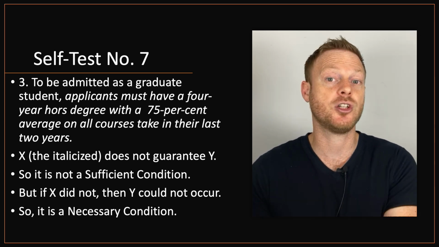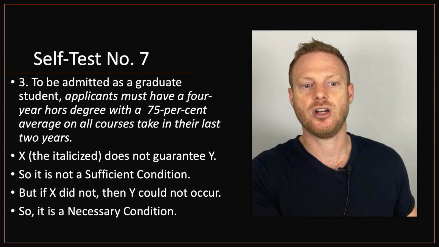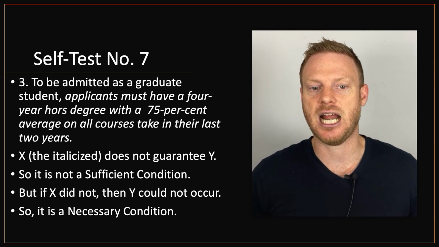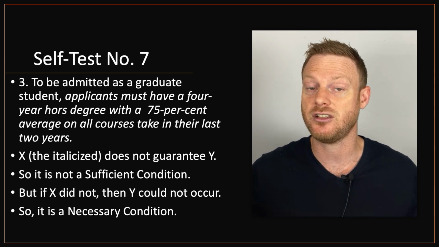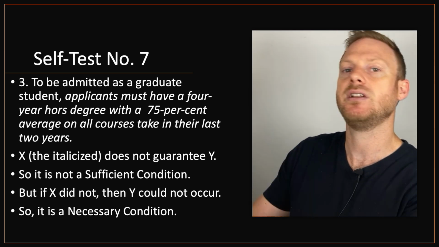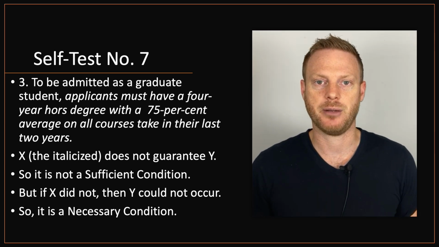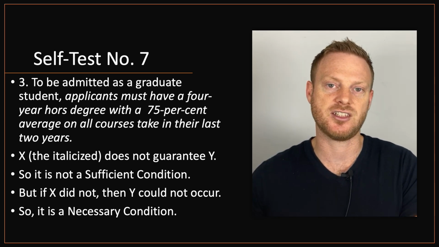We're saying in order to be admitted, this must be the case. So this in the italics here, applicants must have a 4-year honors degree with a 75% average on all courses taken in the last 2 years. Necessary condition. That must be in place in order for the possibility even of getting into our program. But it's not going to guarantee you admittance into our program, so it's not a sufficient condition. Hopefully this is starting to make sense.